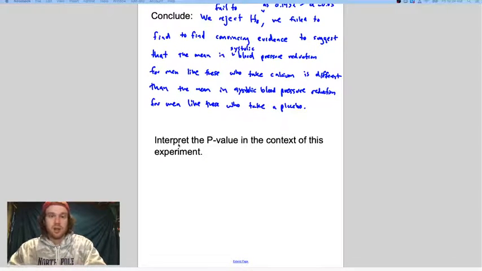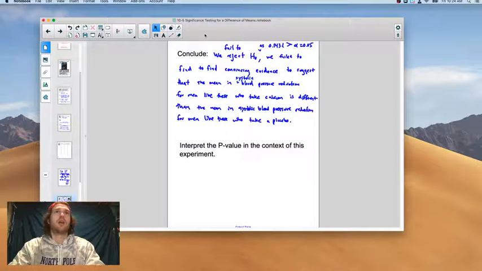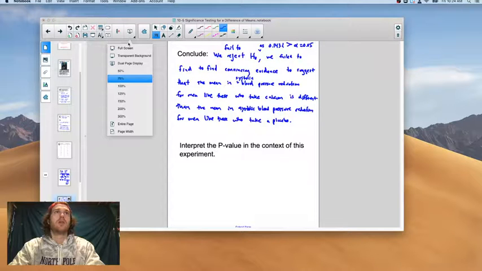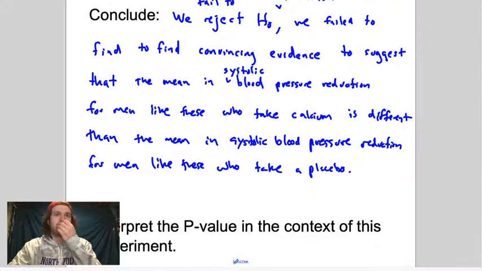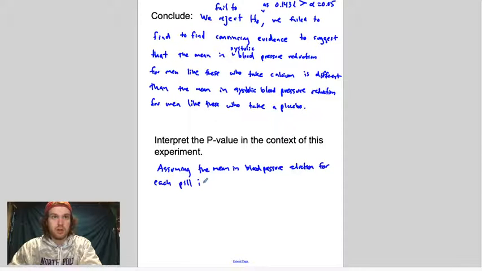In this case, it's assuming, whoops, the marker, need a hotkey for that. Try that again. So for this scenario, it's assuming, this is going to be a mouthful, the mean in blood pressure reduction for each pill is the same.